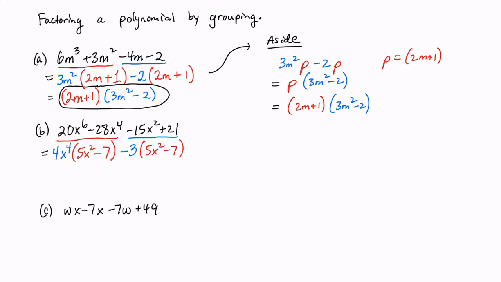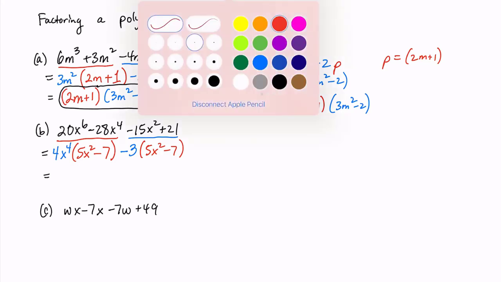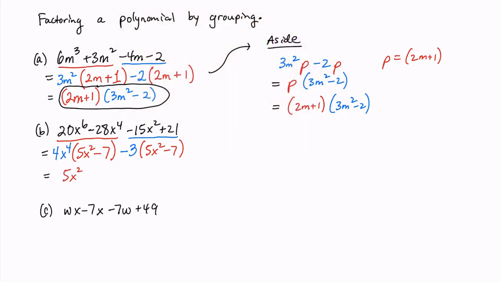Now, what do you have in common? You have 5x minus 7 as a common factor. And then what is left? It's multiplied by 4x to the fourth minus 3. So this expression, once again, has two factors.